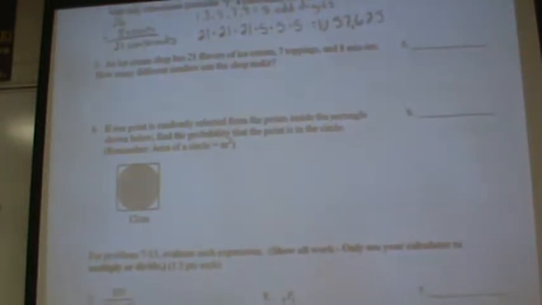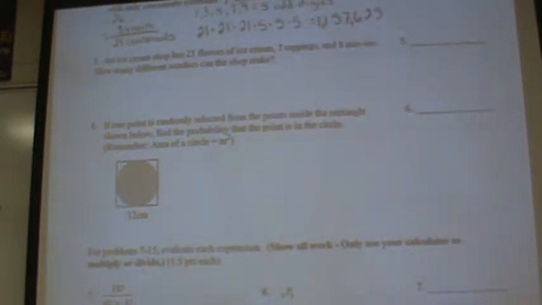Number 5. An ice cream shop has 21 flavors of ice cream, 7 toppings, and 8 mix-ins. How many different sundaes can the shop make? Now this question doesn't specify, but we're going to assume that you're only picking 1 flavor of ice cream, 1 topping, and 1 mix-in. So this goes back to the fundamental counting principle again.